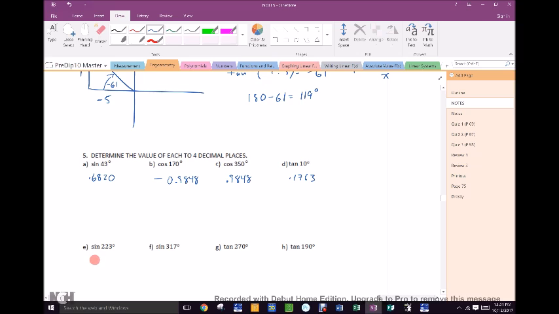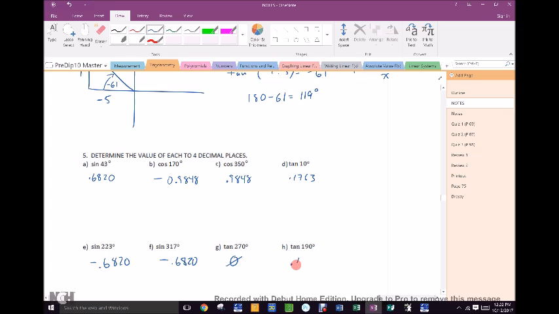Next one. Next one. Negative 0.6819. Of course you round it. Negative. Oh, it's undefined. There you go. 0.1763.